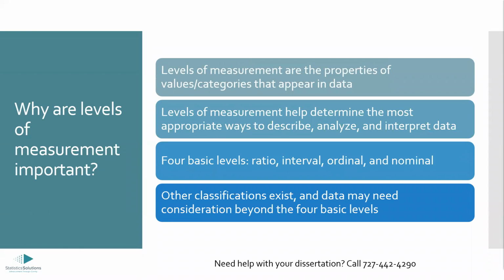So first, let's talk about what exactly levels of measurement are and why they are important to know about when you're conducting your research. Levels of measurement are the properties of values or categories that appear in data for the variables that you are looking at.